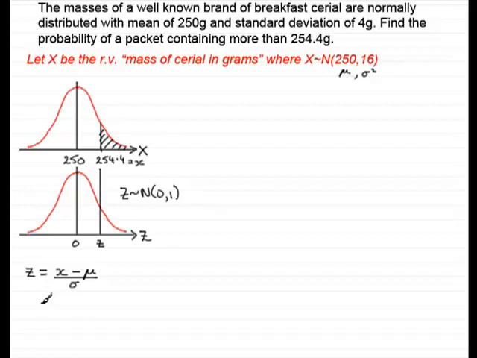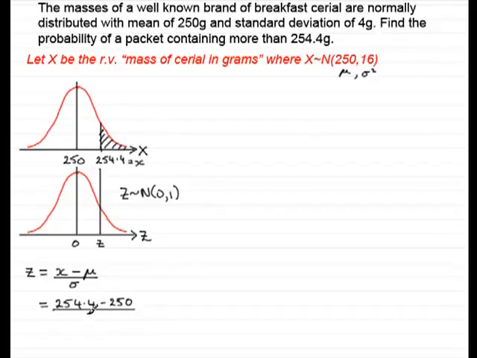If we apply that formula to this question, we've got the observed value x at 254.4, minus the mean mu, which is 250, all divided by the standard deviation sigma, which is 4, or the square root of 16.